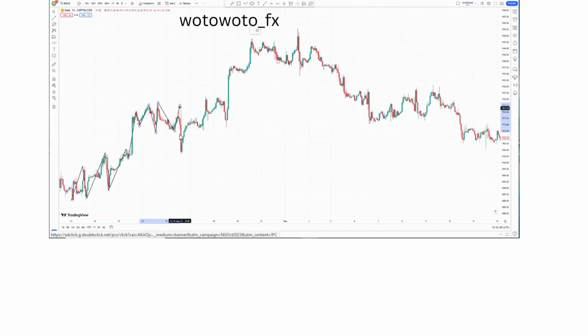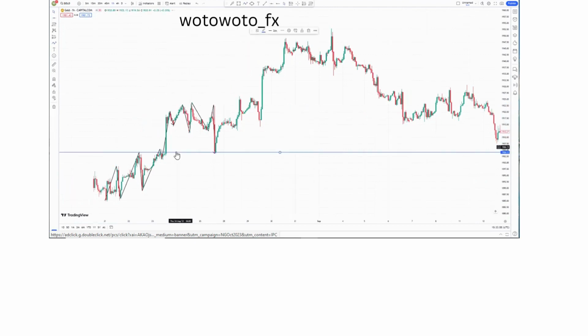So you get to see that price came back here. Why did price come back here? Price came back here because of the fact that here was former resistance, like I told you guys. Well, let me delete this.